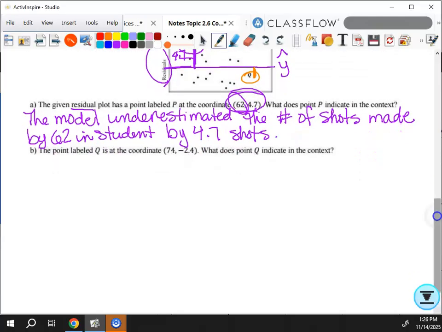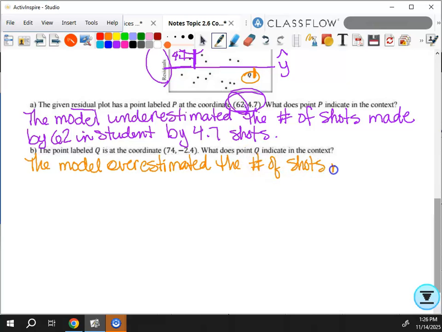And it's basically the same type of answer here, that the model overestimated the number of shots made by the 74-inch students by 2.4 shots.